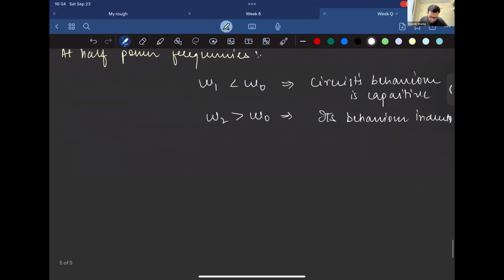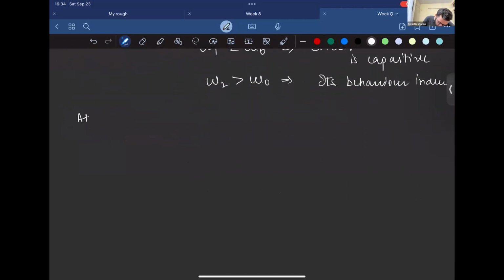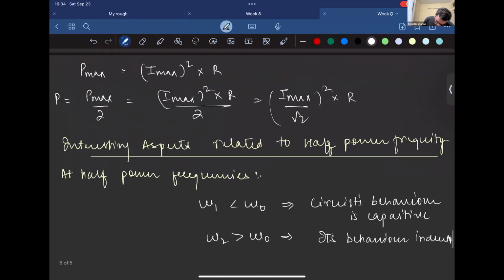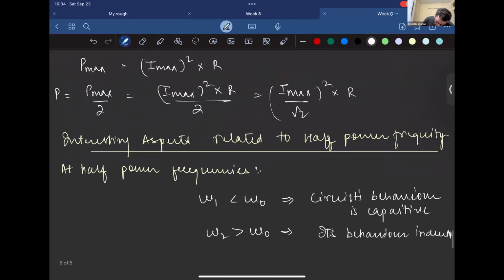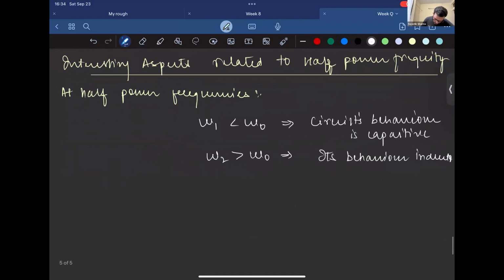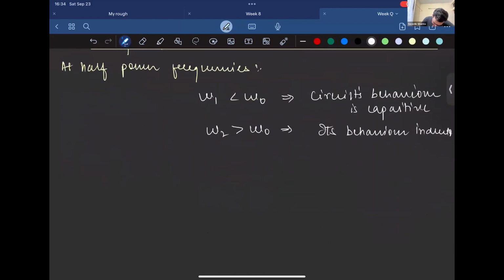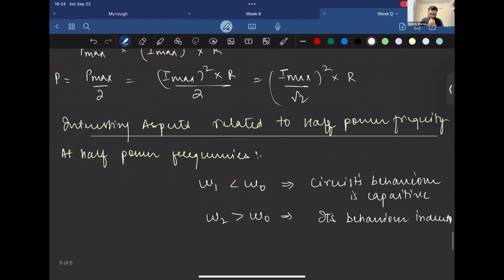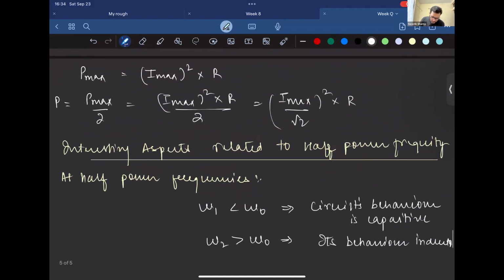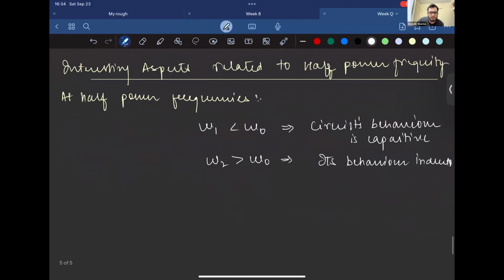Now, what happens usually at half power frequencies, the impedance is R root 2.